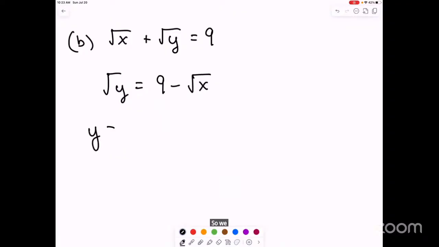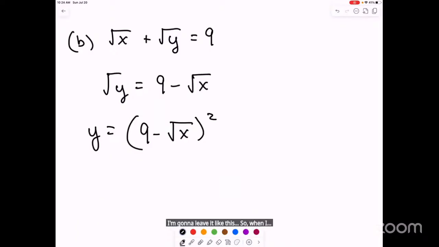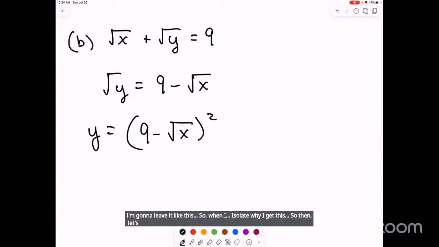So we get y equals, I'm going to leave it like this. So when I isolate y, I get this. So then let's take the derivative.